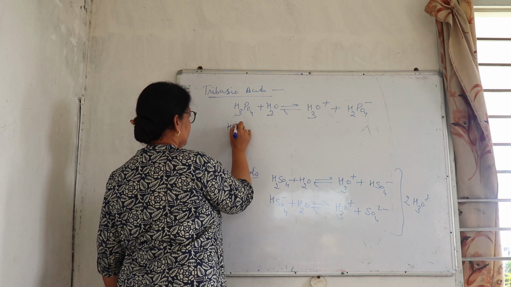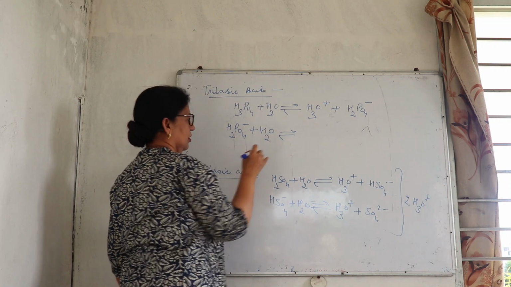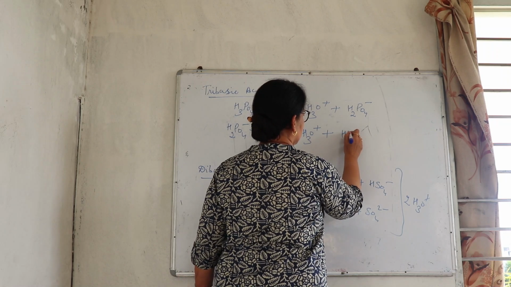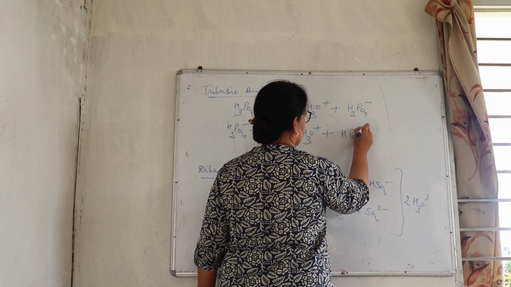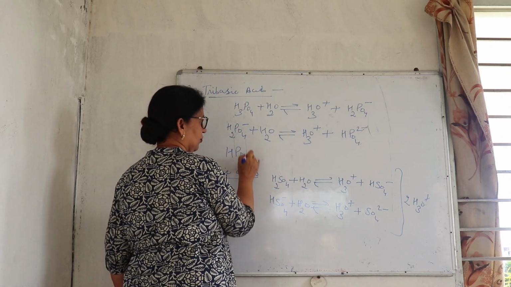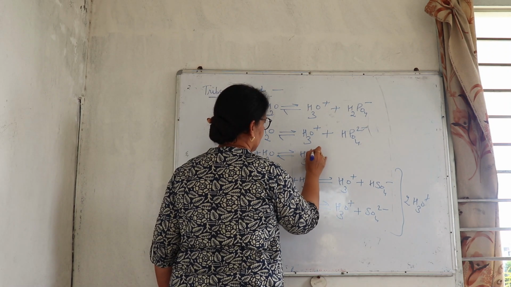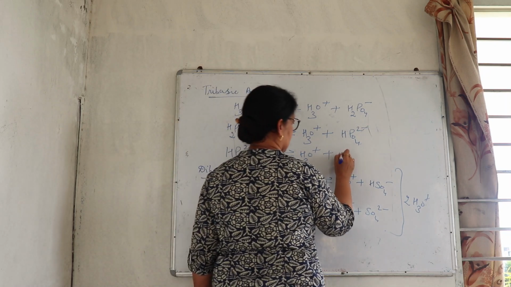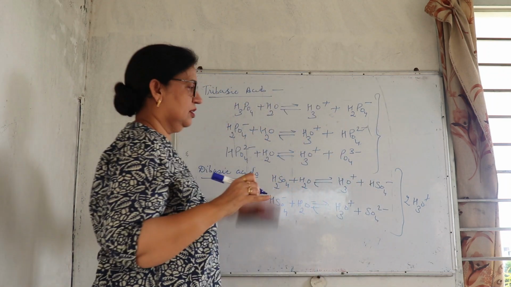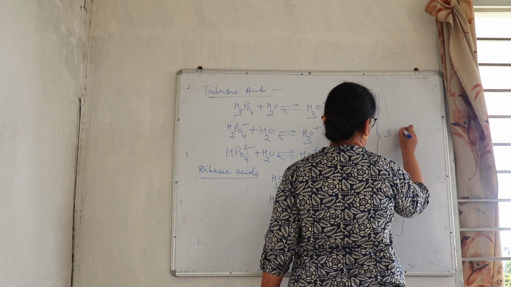This H2PO4 negative again ionizes and produces one more hydronium ion plus HPO4 2 negative. Again hydrogen is there in it, and again it will ionize: HPO4 2 negative plus water will give one more hydronium ion plus PO4 3 negative. And here the ionization is in 3 steps, so they produce 3 hydronium ions.